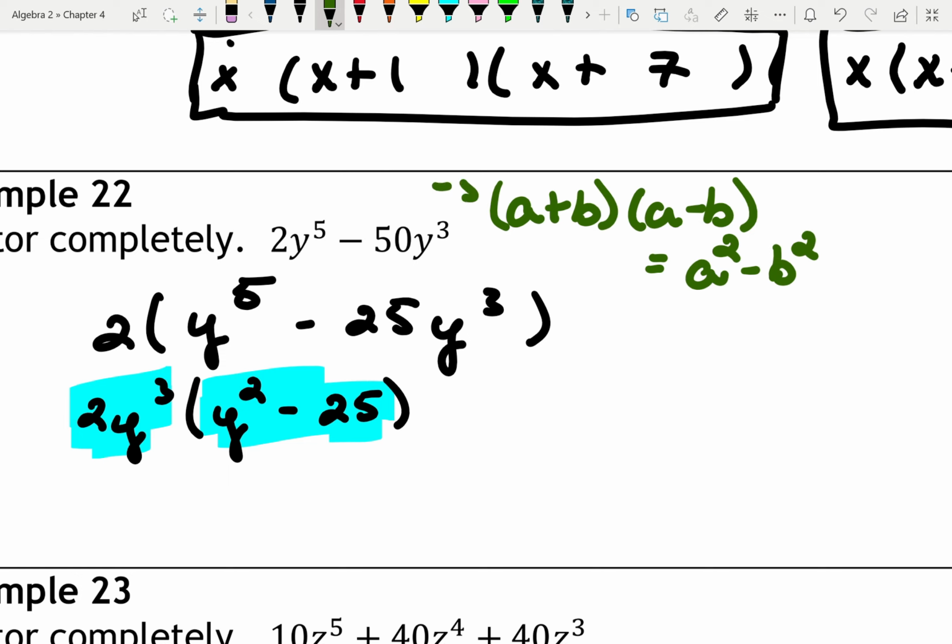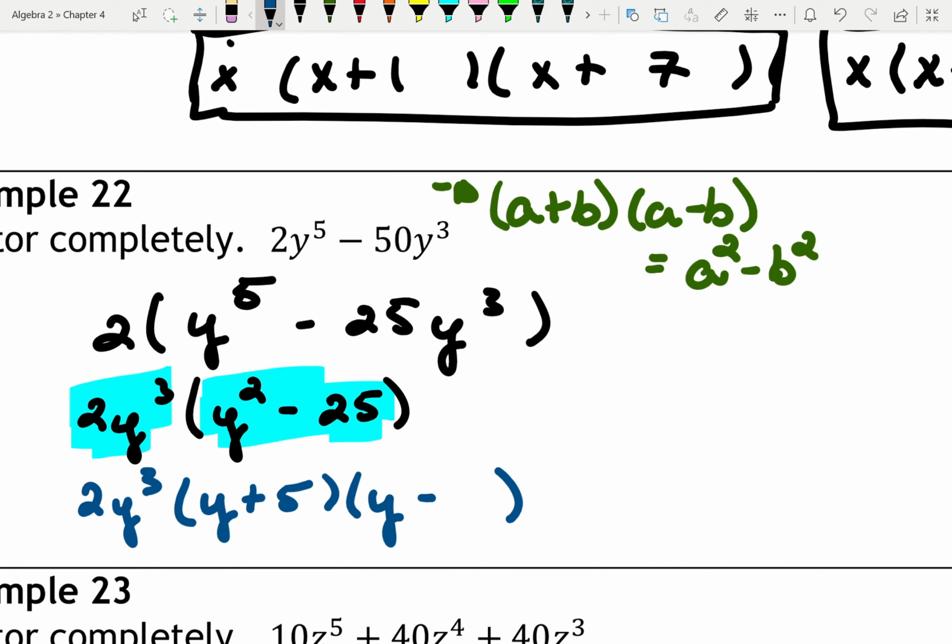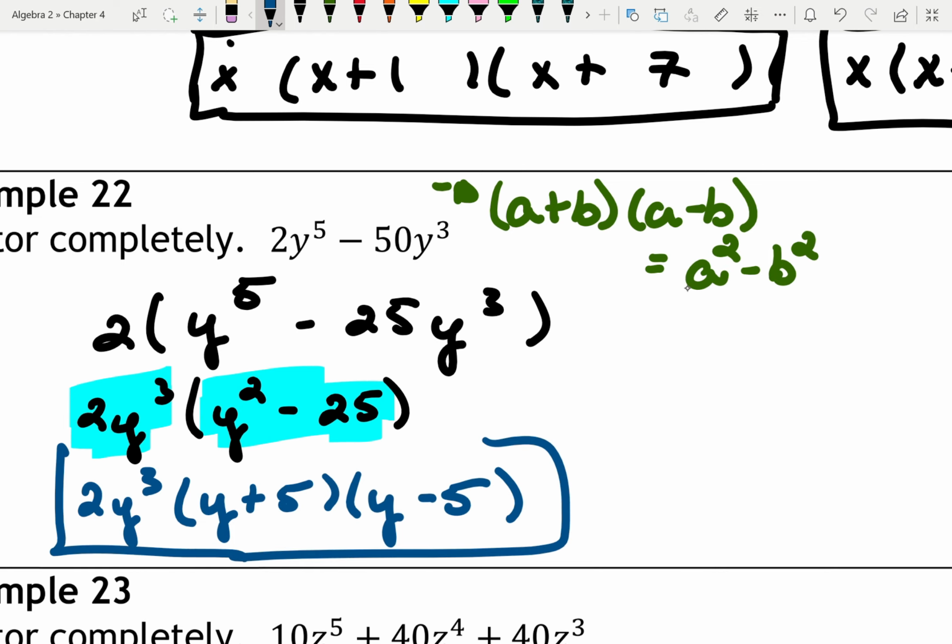And you might recognize that the a plus b, a minus b, those are conjugates, and conjugates cancel out the middle term. So right here what we're going to have is 2y cubed, and then because it's a difference of two squares, the y squared and the 5 squared, which is 25, we'll have (y plus 5) and then (y minus 5). And this here will be our factored form.